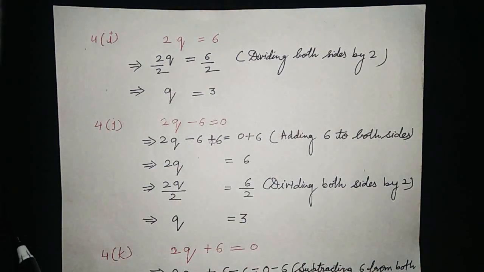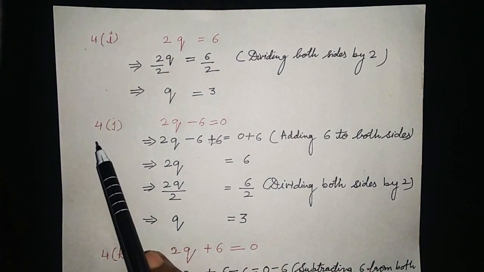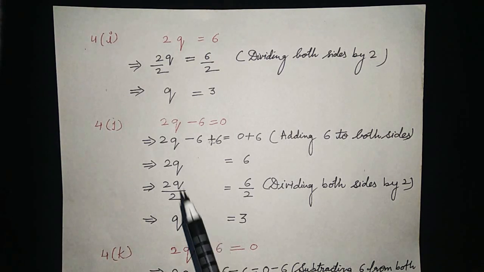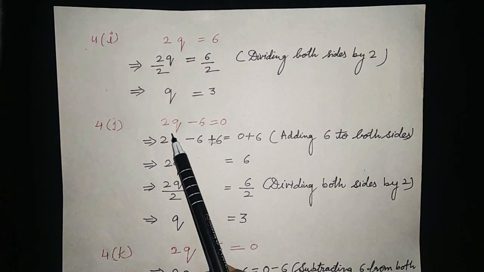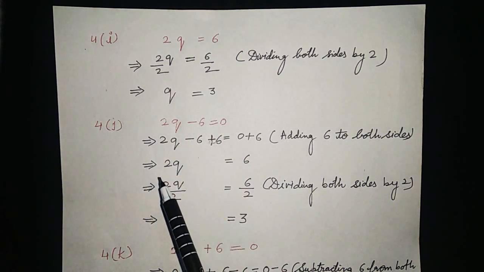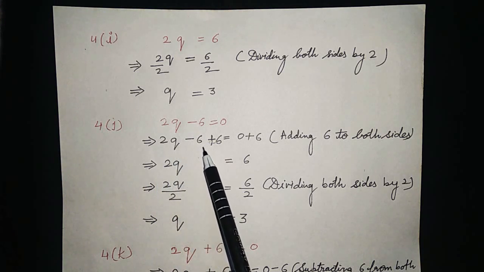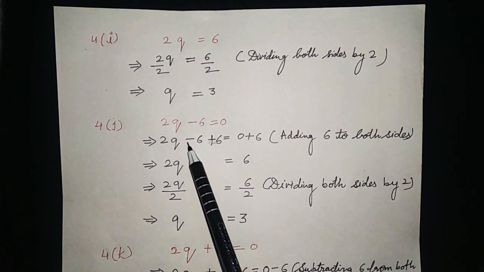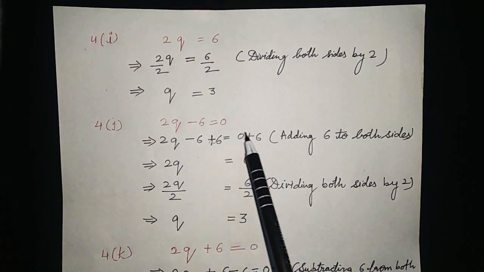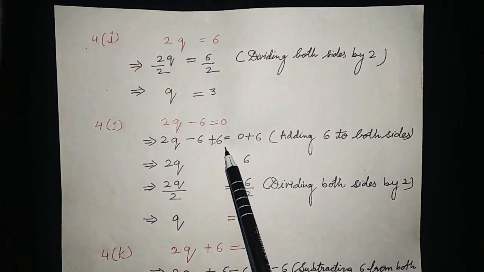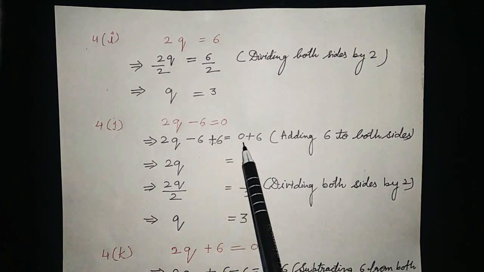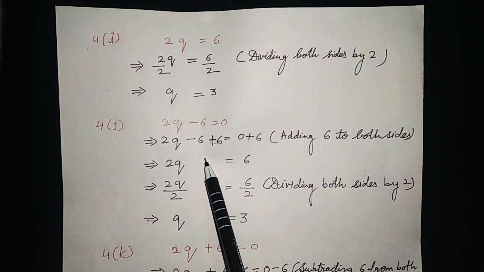Now you see the J part of question number 4. Now this question is 2q minus 6 is equals to 0. Here what we have to do? Minus 6 is in this step. So we have to add 6 on both the sides of equation. So what will come on the left hand side?